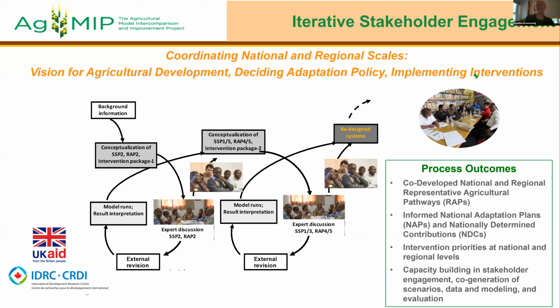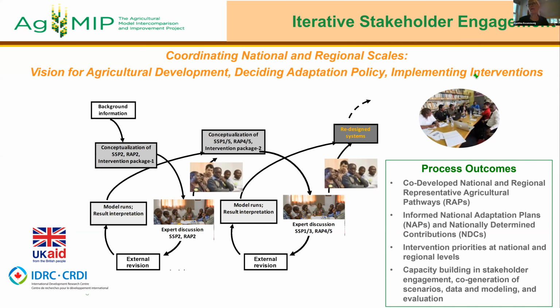So looking at the process outcomes for the stakeholder engagement, this is helping to co-develop the national and regional representative agricultural pathways. That's one of the outcomes of the stakeholder engagement. It also helps to inform the national adaptation plans, the NAPs, and the nationally determined contributions.